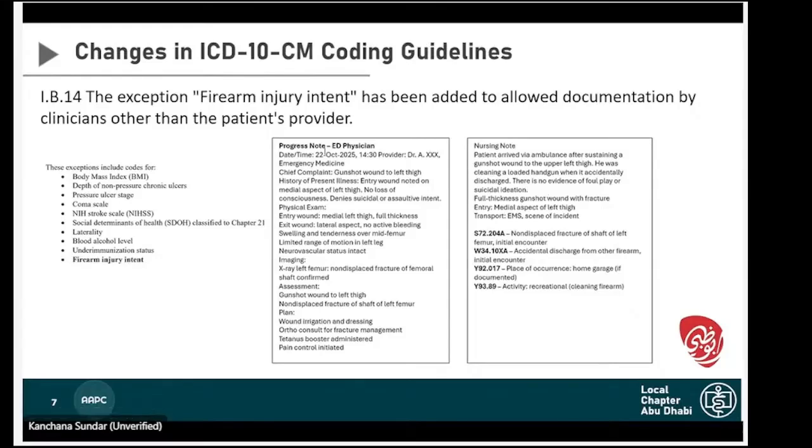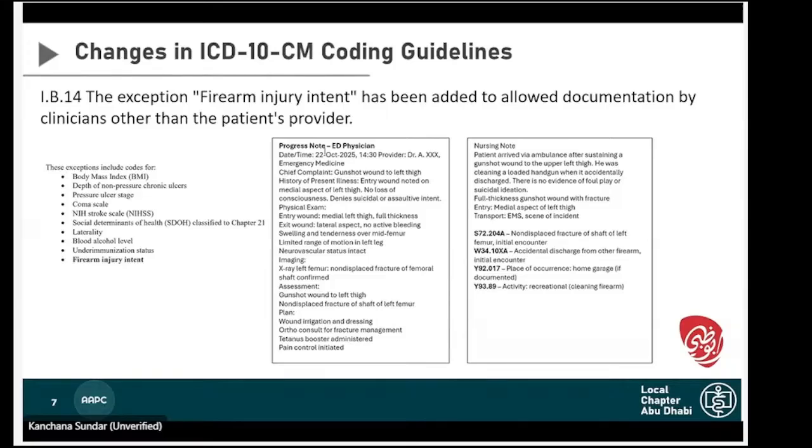The next change is the exception on firearm injury intent. This snip should remind you of what we are talking about in I.B.14, where we have an exception list available, where this can be considered from a clinician note, and a provider is not necessary to provide this information.